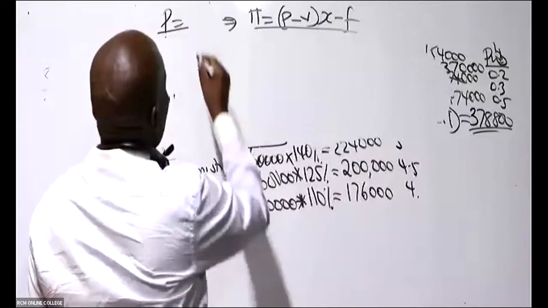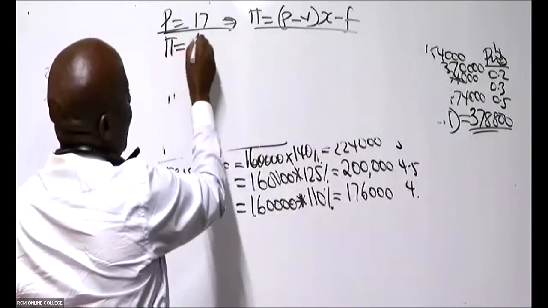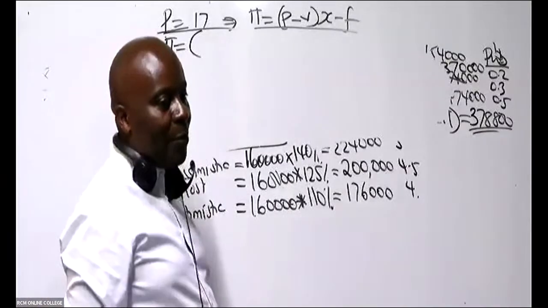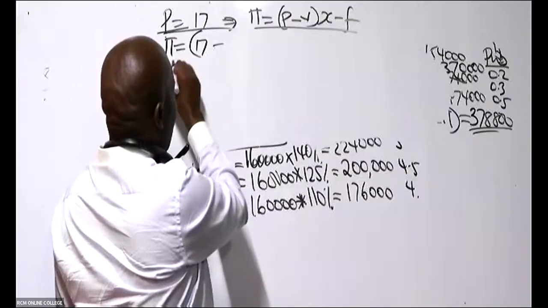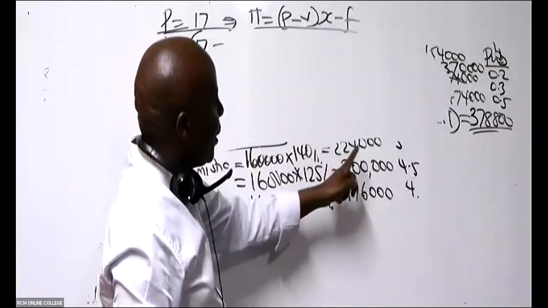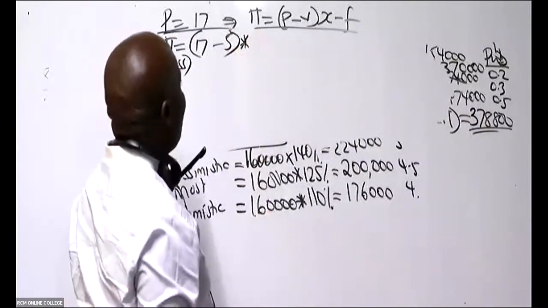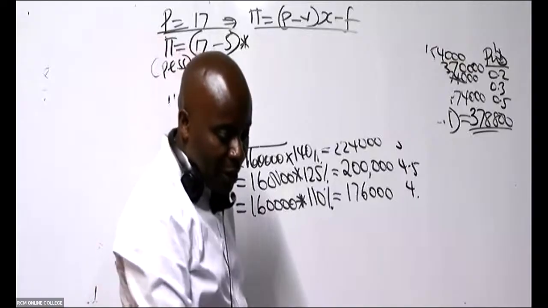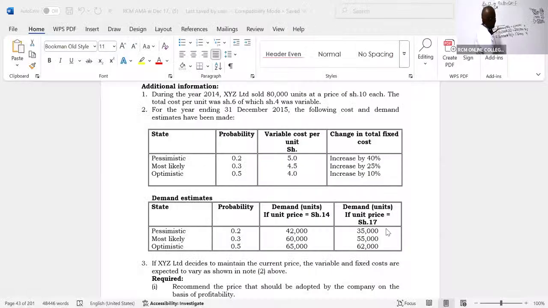If we charge 17 bob, my good students, I'm using this formula. So my profit here will be equal to the selling price, of course, 17, isn't it? So we are starting with pessimistic. So 17 minus the pessimistic variable cost, which was 5, right? If you're charging 17, then the pessimistic demand is 35,000, isn't it?